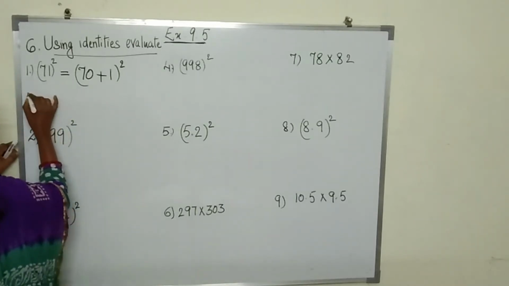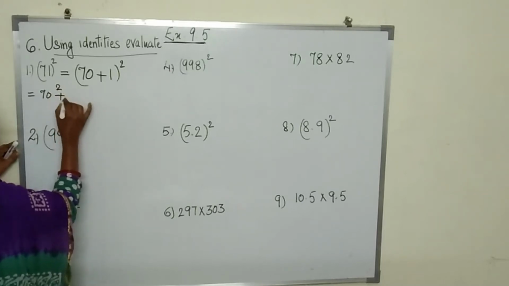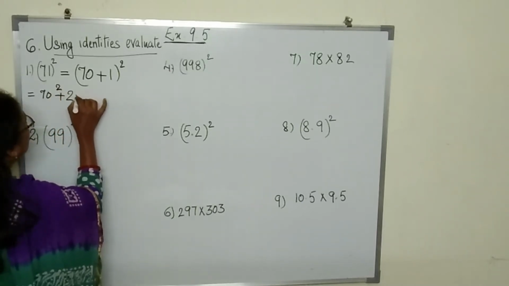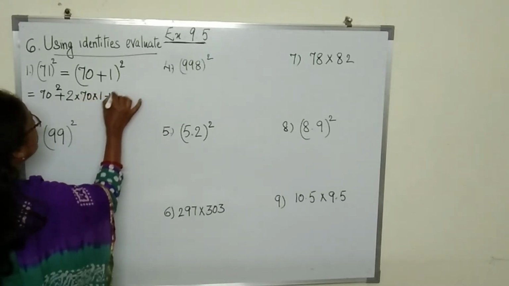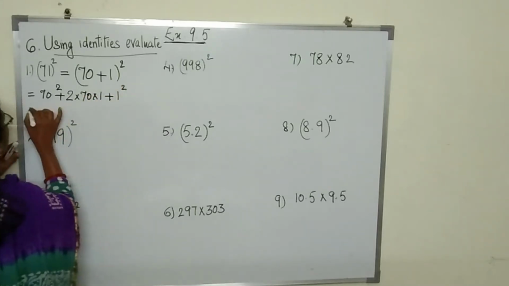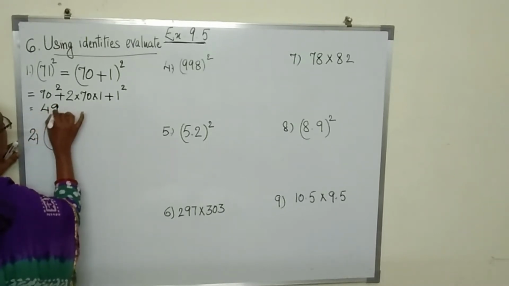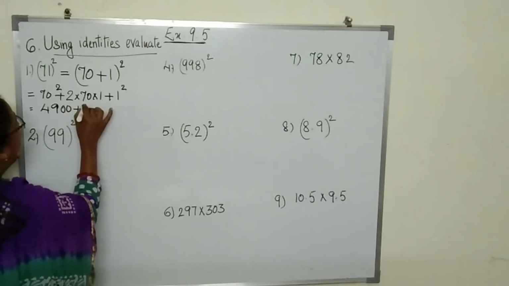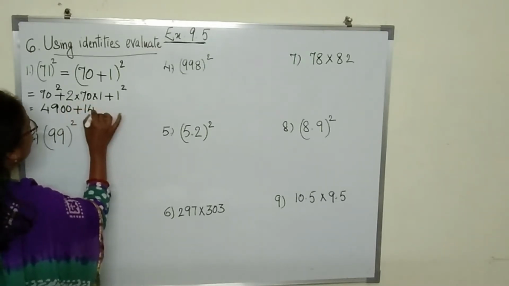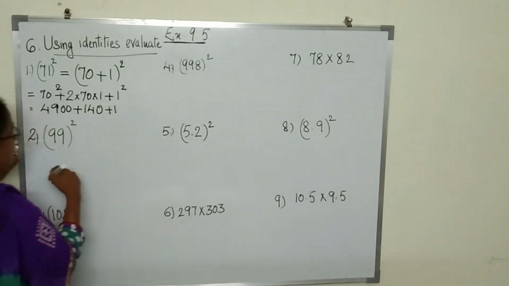It is equal to 70 square plus 2 into 70 into 1 plus 1 square. 70 square is 7 sevens are 49, 4900, plus 2 sevens are 14, so 2 70s are 140, plus 1.